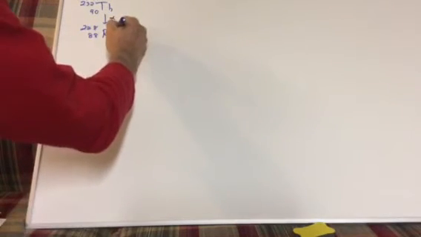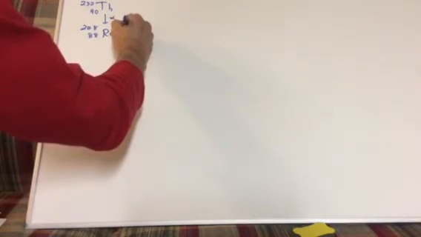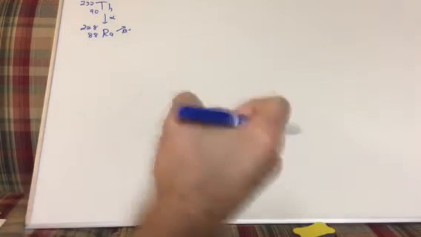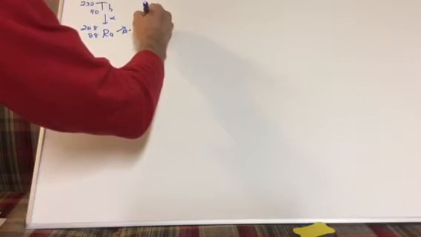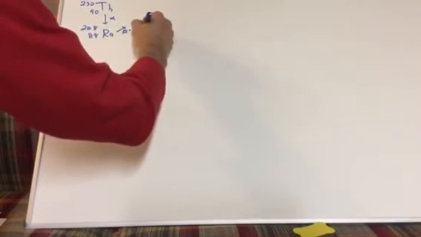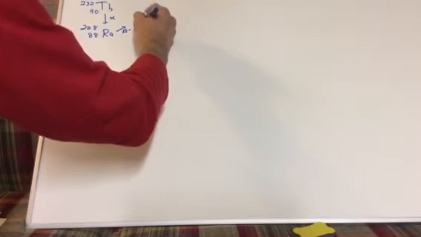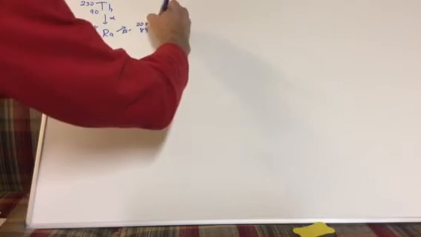Radium then will undergo a beta decay. Remember, beta decay is when a neutron ejects a beta particle, like an electron, from its nucleus. The mass stays the same, but the atomic number increases by 1. That gives us actinium.